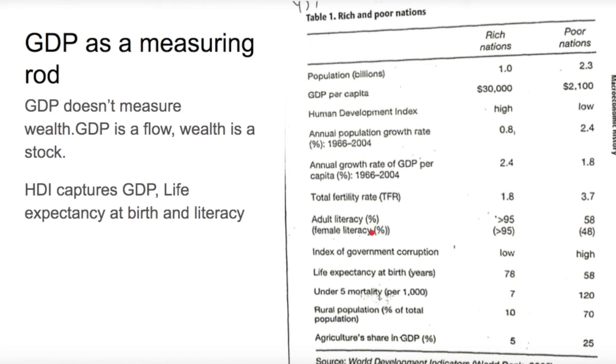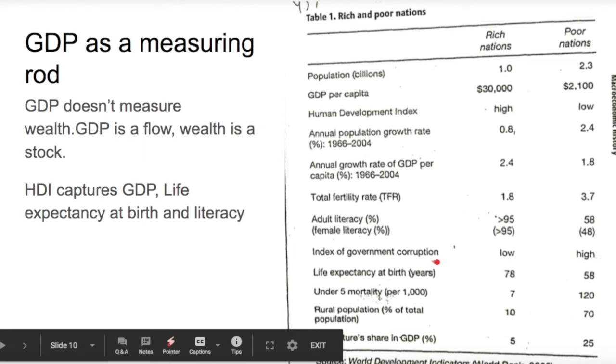And then you also see gender bias here: in rich nations the female literacy is the same as adult literacy, whereas there is a difference of 10 percentage points between female and adult literacy in poor nations. The index of government corruption or institutions, as we just discussed, is low in rich nations, whereas it's high in poor nations.